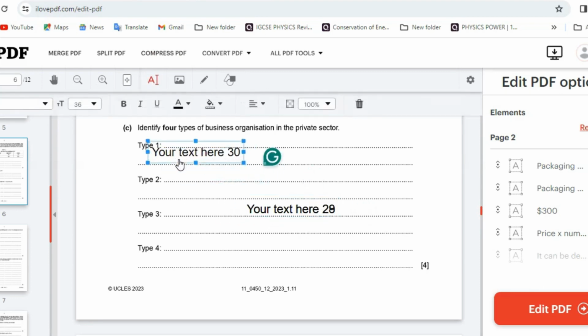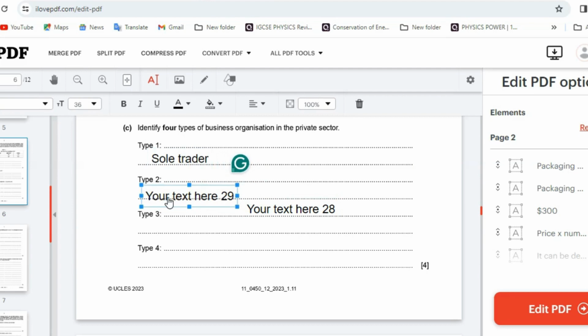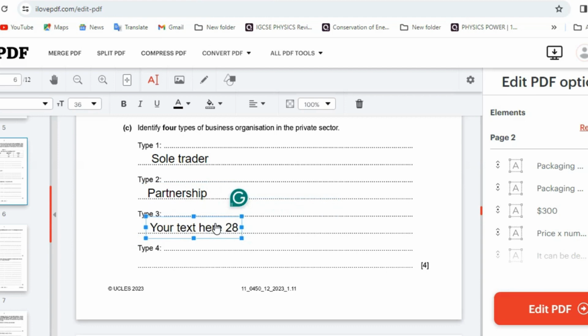Let's try and type. The first one is sole trader. And the second one is what? Partnership. Correct, that is it. Business between two persons. Another one is also what? We also have social enterprise, that is rendering service.